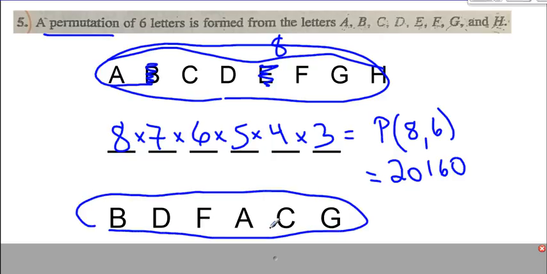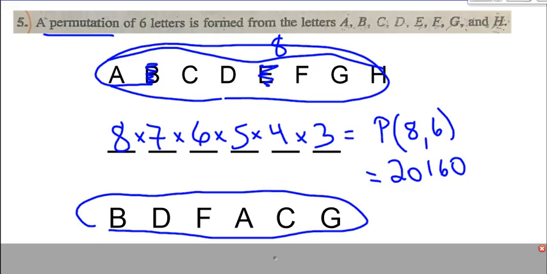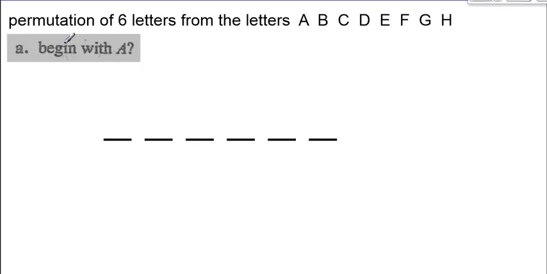So let's look at the actual questions. Here's what part A says. Of the 20,160 possible, how many of those begin with the letter A? So the first position, the first letter of the 6, has to be the letter A. So I'm going to place it there. And then the A is no longer a choice I have, and I no longer can choose anything for that first position.